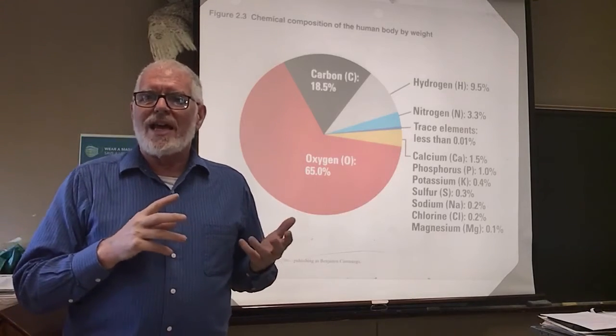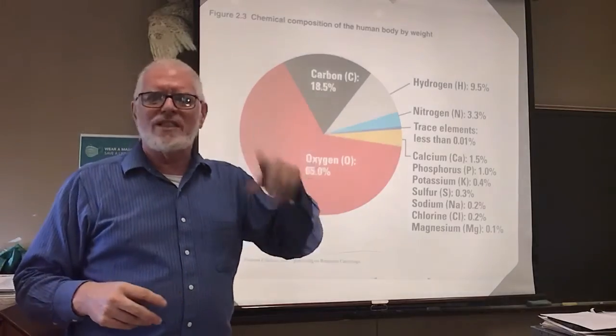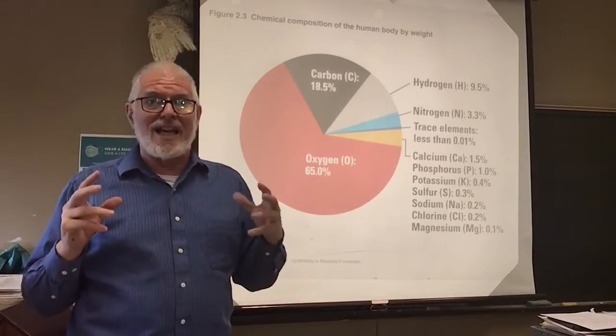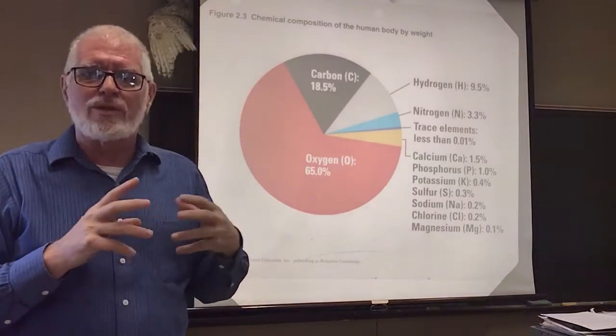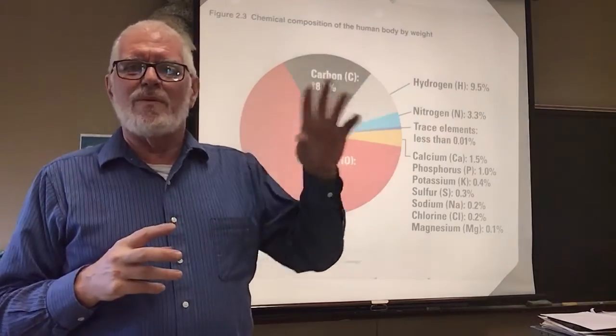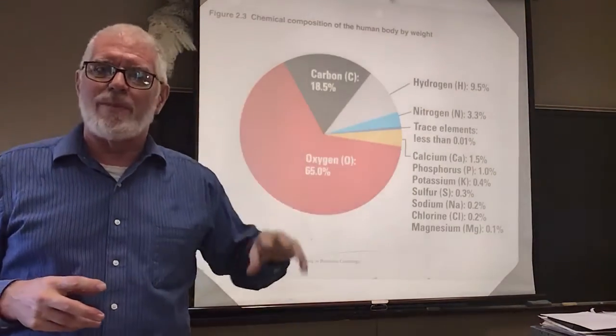If you did this by number of atoms compared to the number of atoms in the other ones, almost this whole circle would be hydrogen, because there's hydrogen on everything. There's lots and lots of hydrogen atoms on most of what they call organic molecules. So rather than give a pie chart that's all gray, they've divided this up by weight.